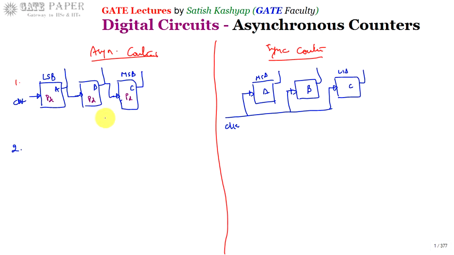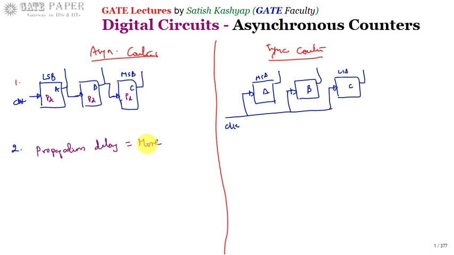If all are identical flip-flops with equal propagation delay, then the minimum propagation delay is 3 time periods for 3 flip-flops. If you go for 10 flip-flops, then an asynchronous counter requires a minimum of 10 clock pulses. You must wait for 10 clock pulses, and only then will the output be stable. So from this we can say the propagation delay required is more.